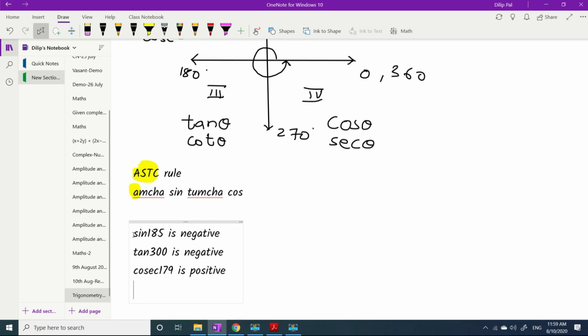One more question: you have to say whether cos 95 is positive or negative. Cos 95 is negative. Why? Because 95 is lying in the second quadrant, and in the second quadrant cos is negative. So this is the basic idea of the signs of trigonometric functions.